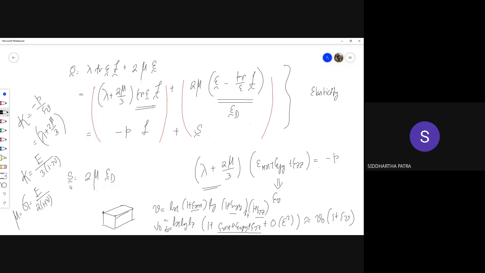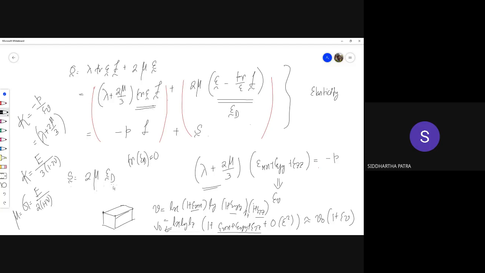It's not entirely shear, but the point is it is associated with that part of the strain that has no volumetric deformation. So this part doesn't have a volumetric strain.